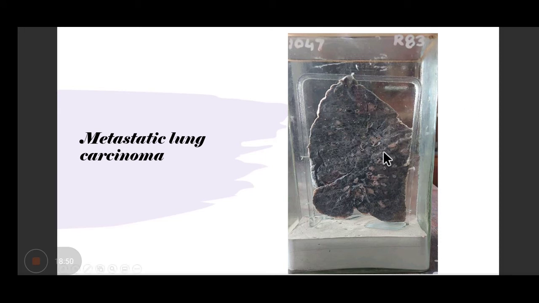Either well-defined lesions, and the tissue of these growths is different from the parenchyma of the lung. Okay. So this is metastatic lung carcinoma.